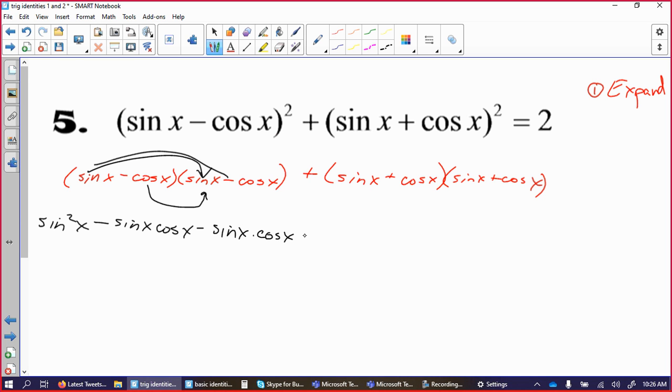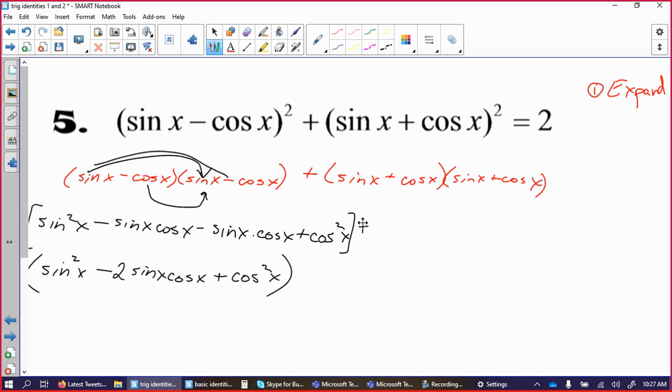Negative cos squared times negative cos squared is positive cos squared x. So there's our first bracket, which is sine squared x minus 2 sine x cos x plus cos squared x. So there's that first thing.